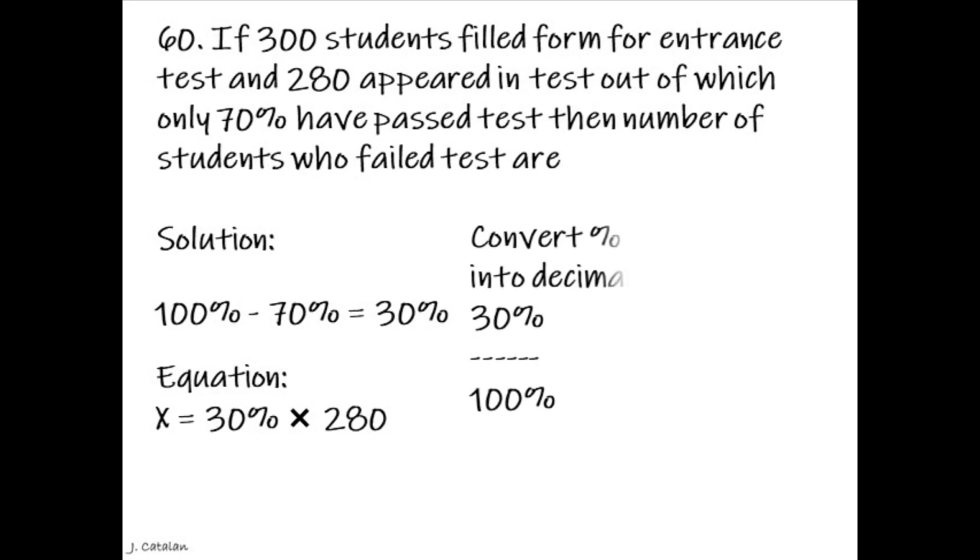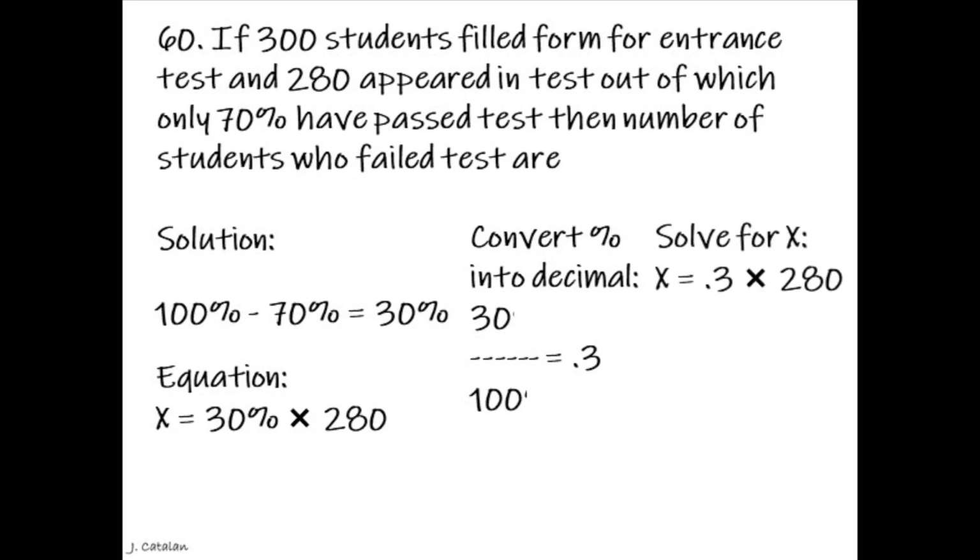Convert percent into decimal. 30% divided by 100%, crash out percent sign, the result is equals to 0.3. Solve for x. X is equals to 0.3 multiplied by 280. The result is x is equals to 84.